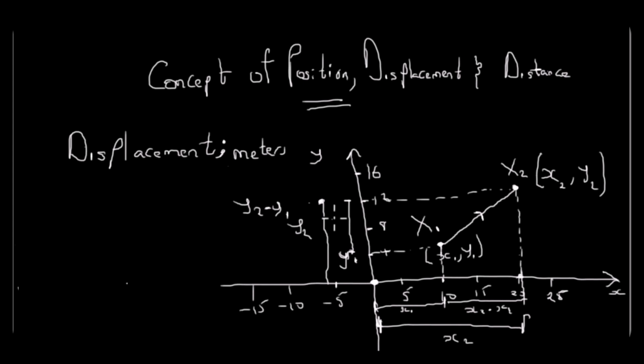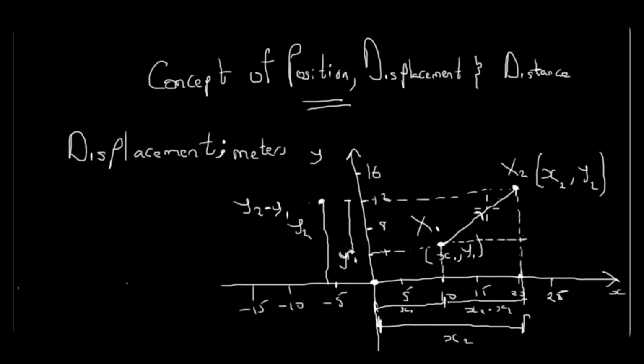Now let's flash back to mathematics, Pythagoras theorem. If I were to complete this triangle in such a way that it looks like this, it means the base of my triangle will simply be x2 minus x1, and then the height of my triangle will simply be y2 minus y1.